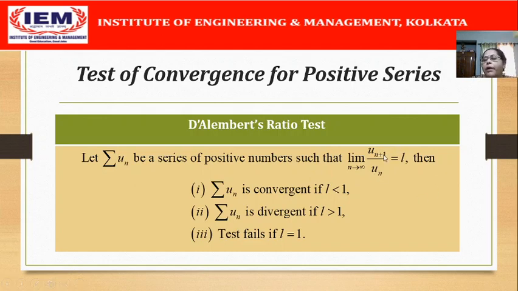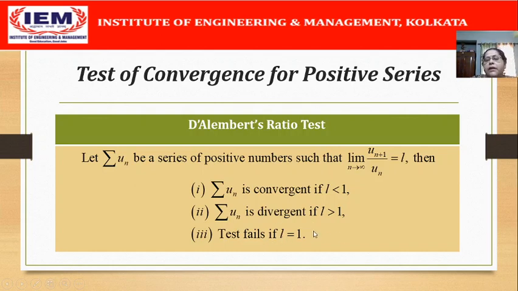What we are comparing is the two consecutive terms of the same series, un and un plus 1. So we just take the ratio and take the limit, and depending on the value of the limit, we get our decision as to whether the series is convergent or divergent.